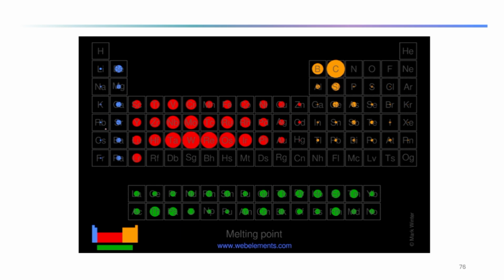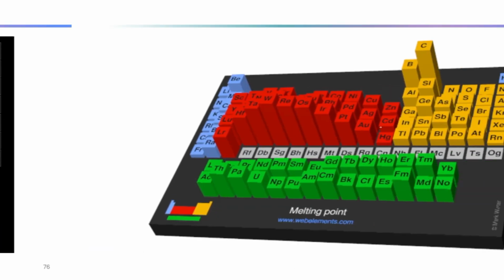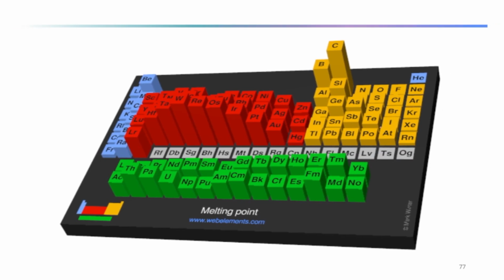As we go from left to right, first the melting point increases, the circle becomes bigger and bigger, and then as we go to the extreme right, the circle becomes smaller and smaller. So first it increases, then it decreases. You can observe the same thing from this 3D bar plot of melting point. First it is increasing and reaching a maximum, and then it is decreasing.